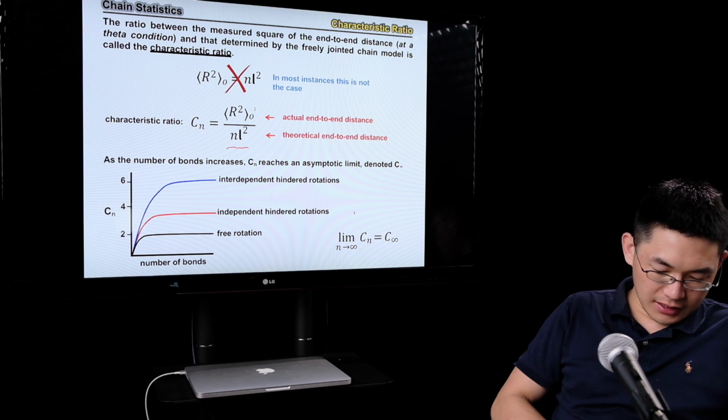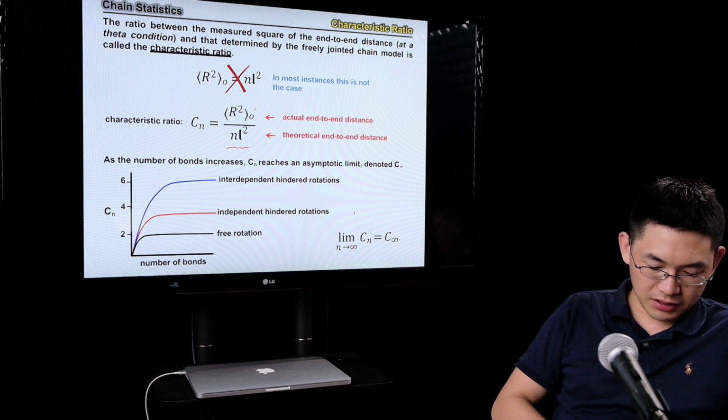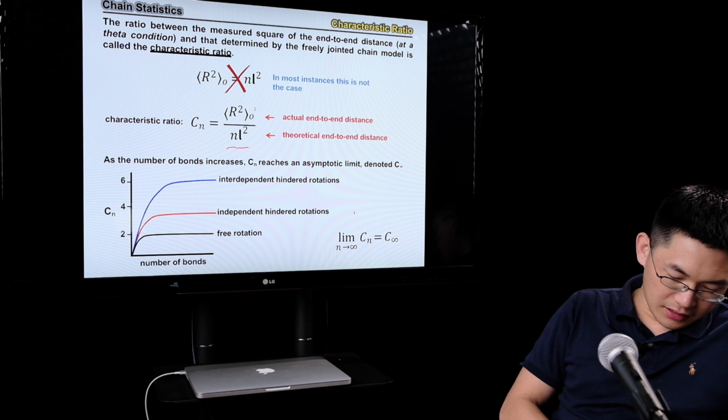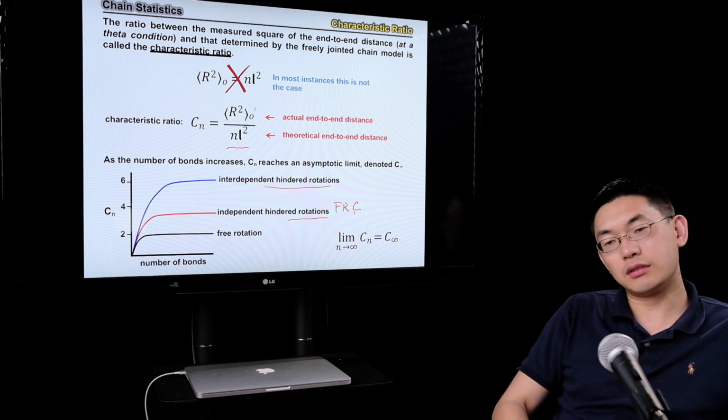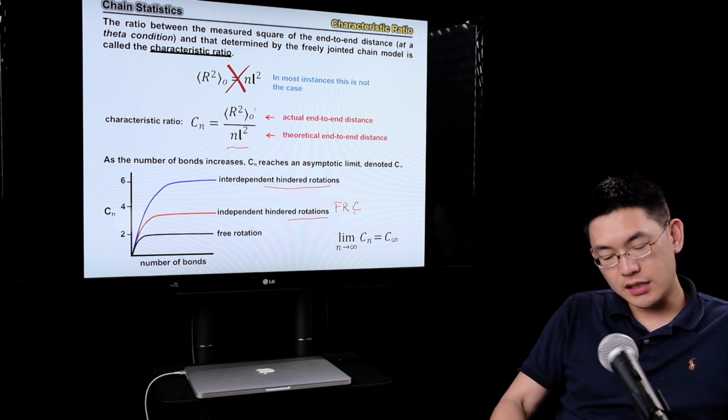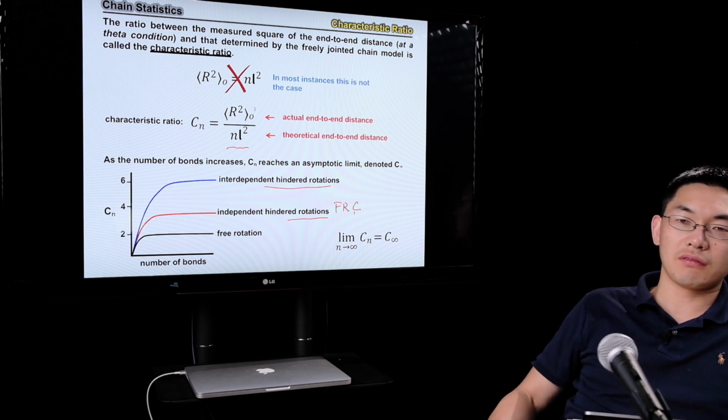So what you will see is the free rotation chain, or independent rotation chain. This is also called the free rotation chain model. And this is the hindered rotation chain model, or rotation isomer state. They result in different degrees of expansion.